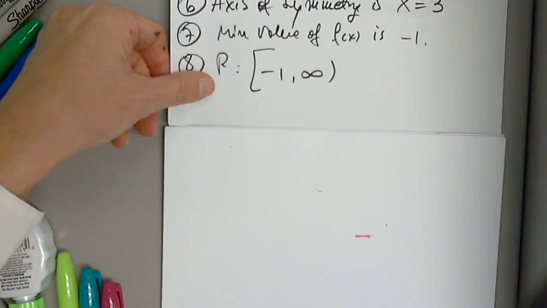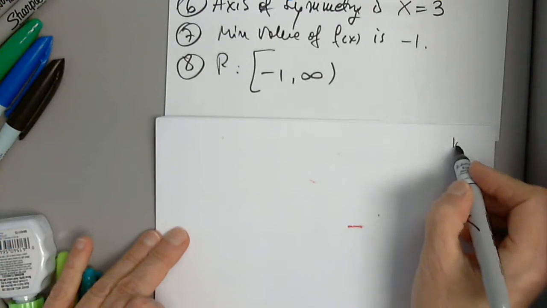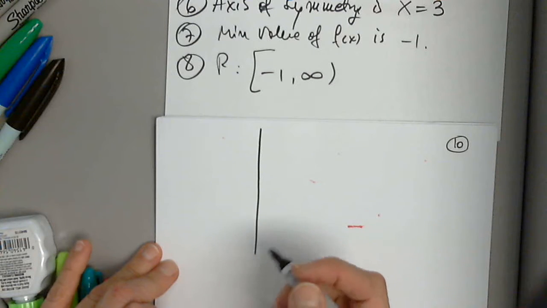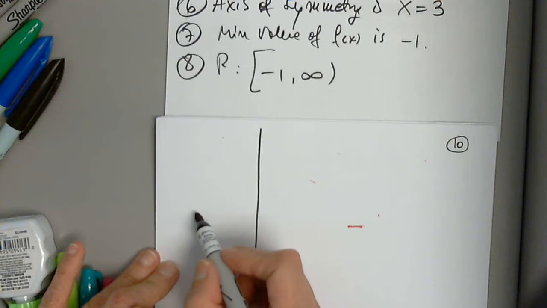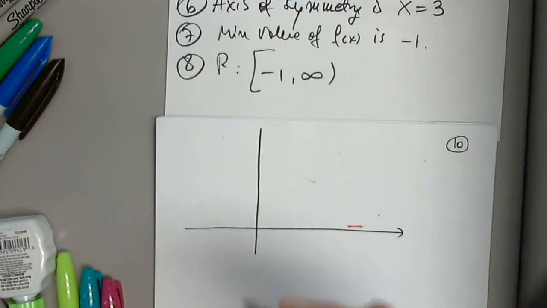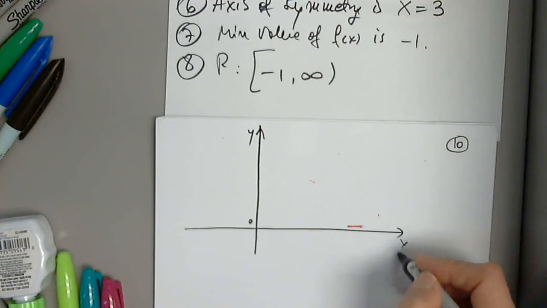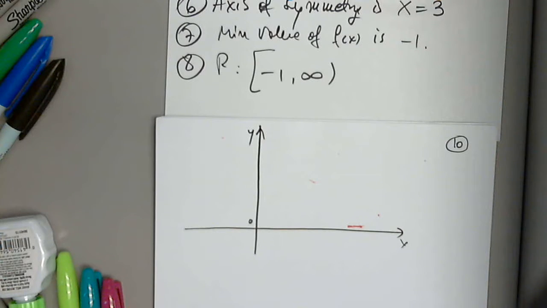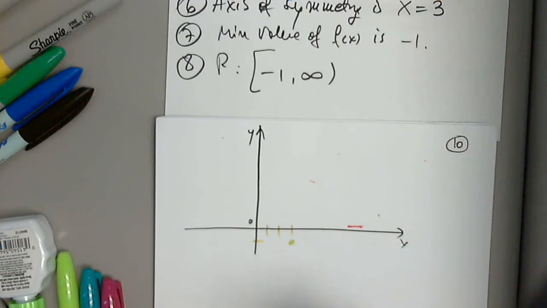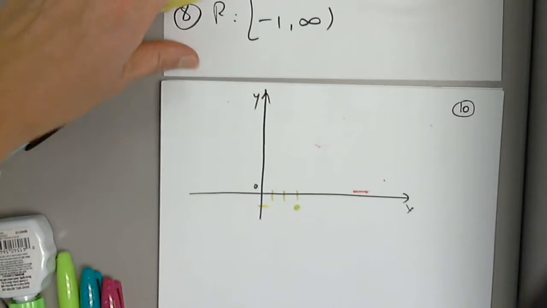Okay, so let's graph. So the vertex is 3, negative 1. One, 2, 3, negative 1. I have to plot the vertex first.